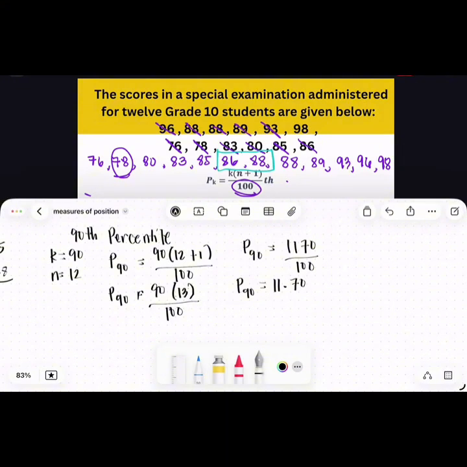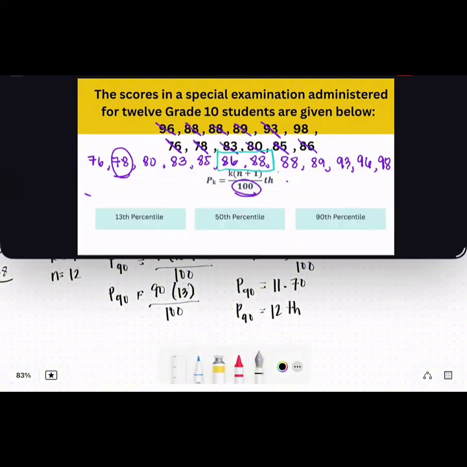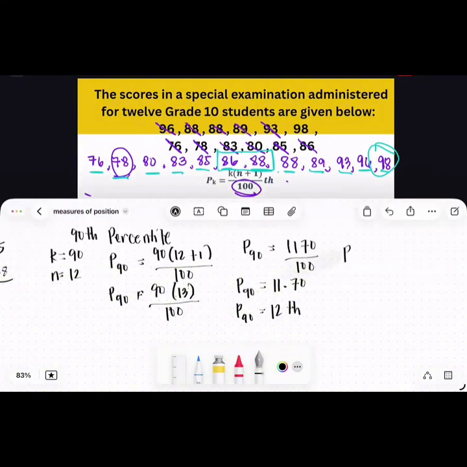Since this is a decimal, the position of our percentile 90 is the 12th position, because the nearest whole number is 12, so we round up. The 12th position in our given data set, counting 1, 2, 3, 4, 5, 6, 7, 8, 9, 10, 11, 12, is our 12th position. Our percentile 90 is equal to 98.